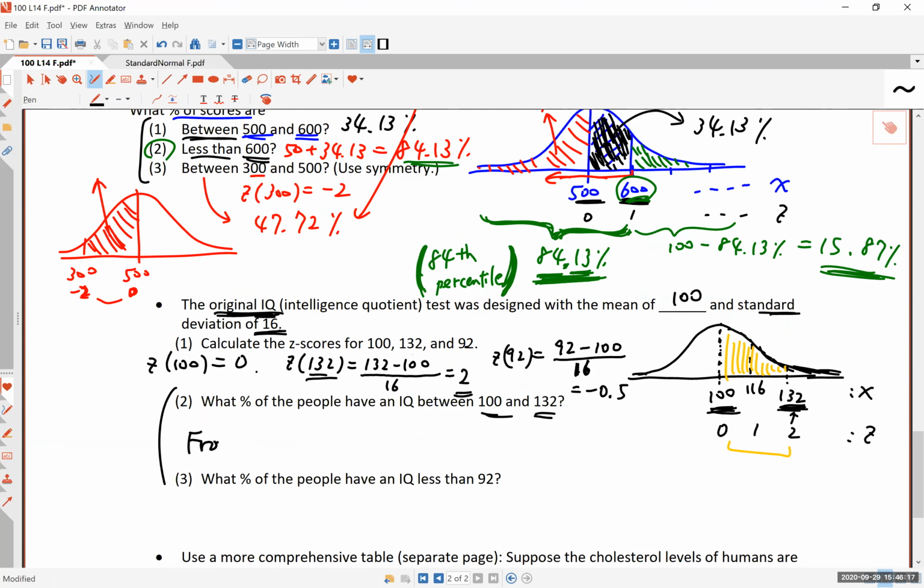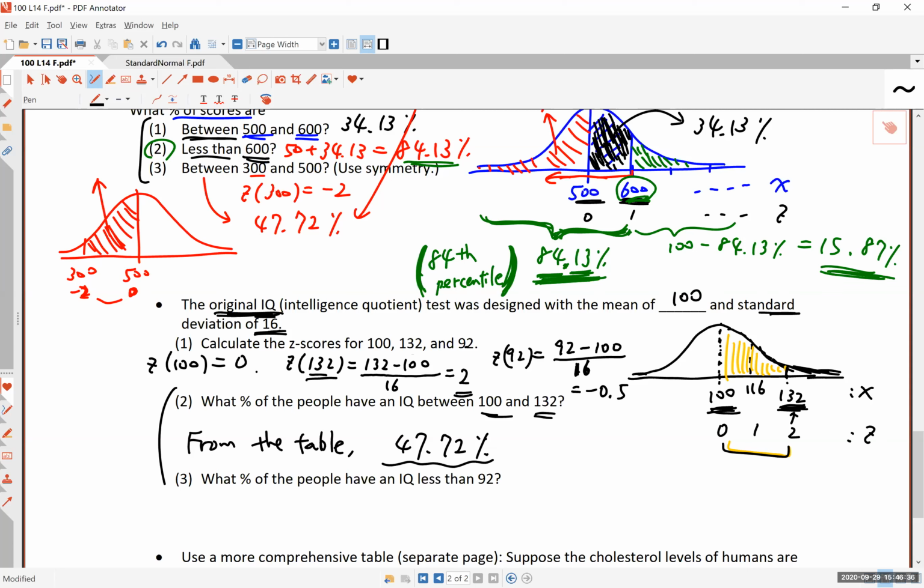So from the table, because you're talking about the area under this curve between 0 and 2, using the Z values from the table, the answer is 47.72%.